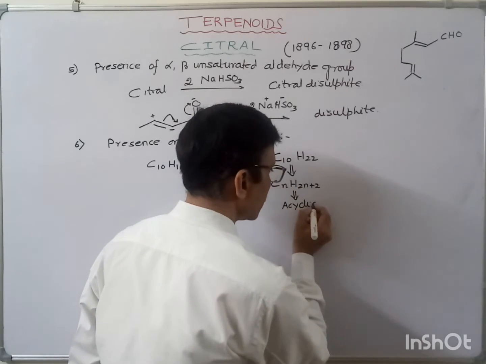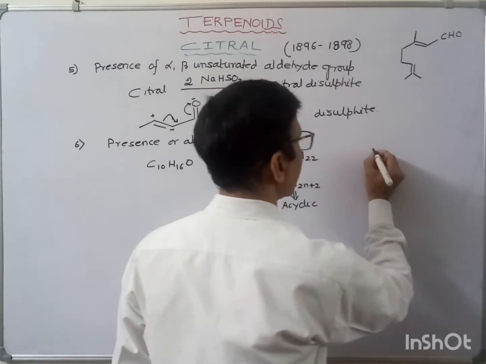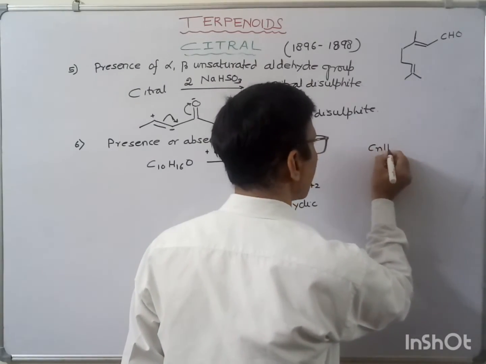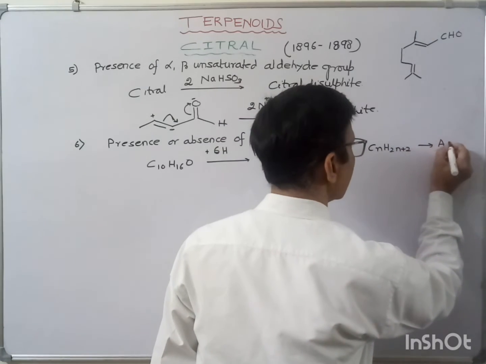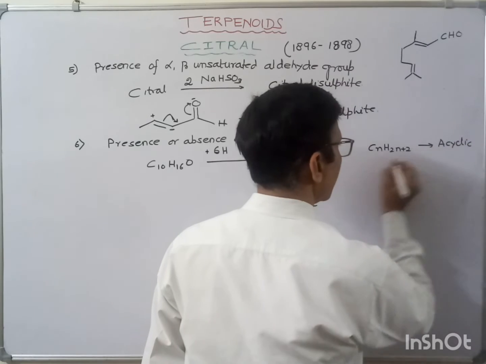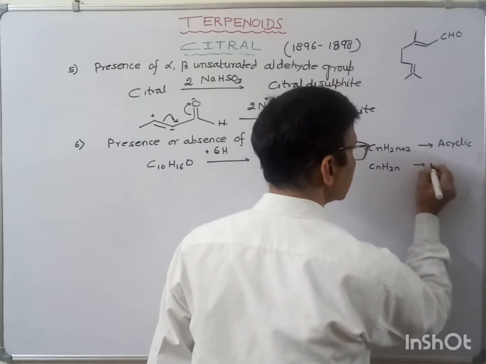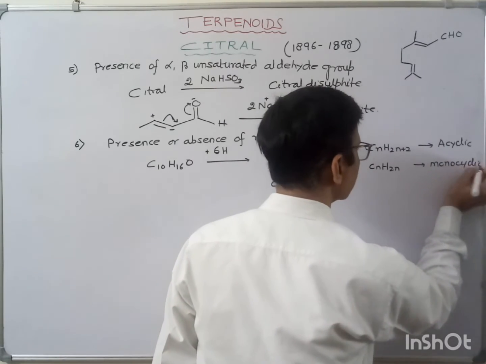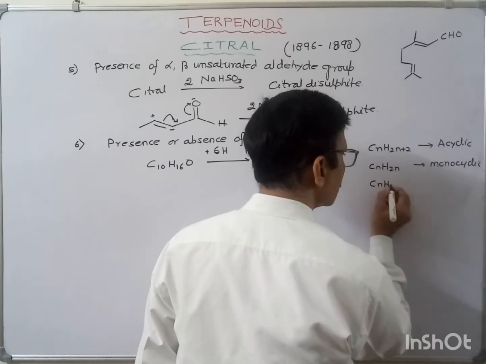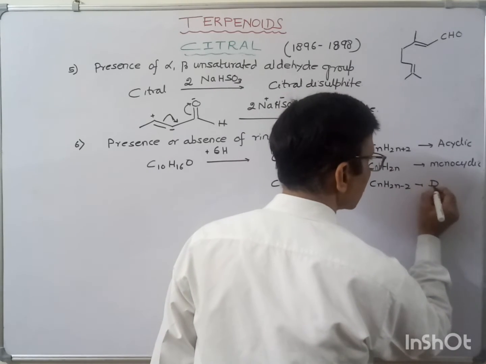We know that if we have the formula CnH2n plus 2, then it is acyclic. If the general formula is CnH2n, then it is monocyclic. If it is CnH2n minus 2, then it is bicyclic.